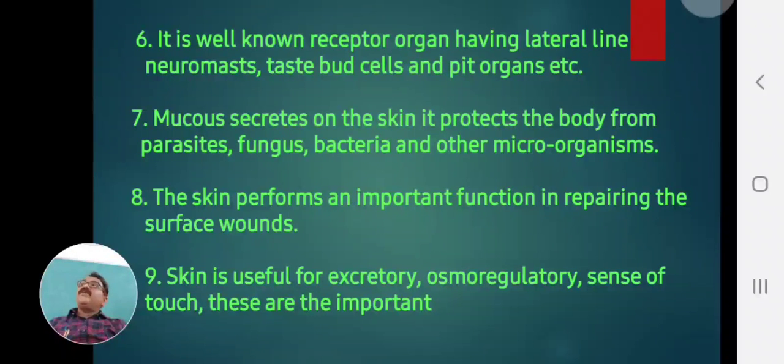Another important function of the skin is excretion. The skin is also useful for osmoregulation and for the sense of touch.